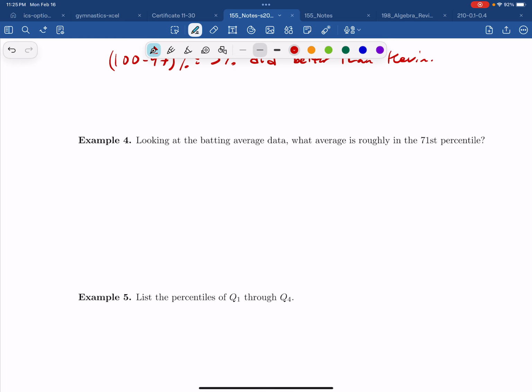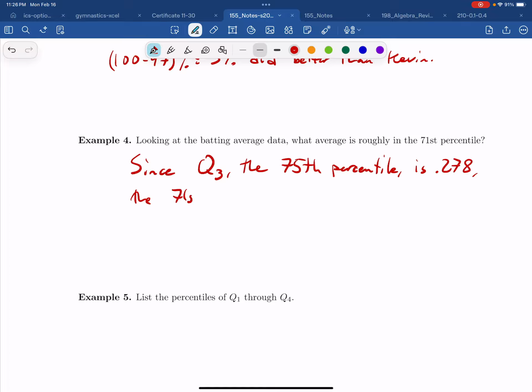So we'll say, since Q3, the 75th percentile, is 278, the 71st percentile is roughly, I'll just say 275. Okay.